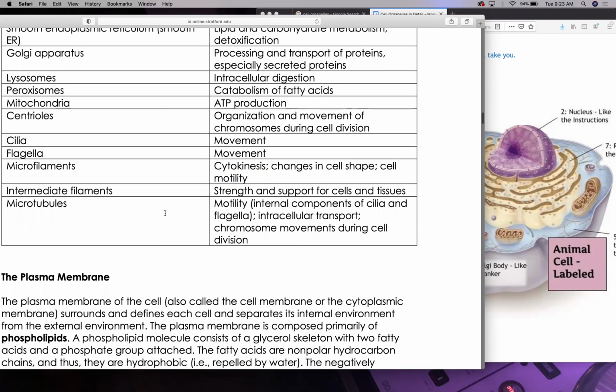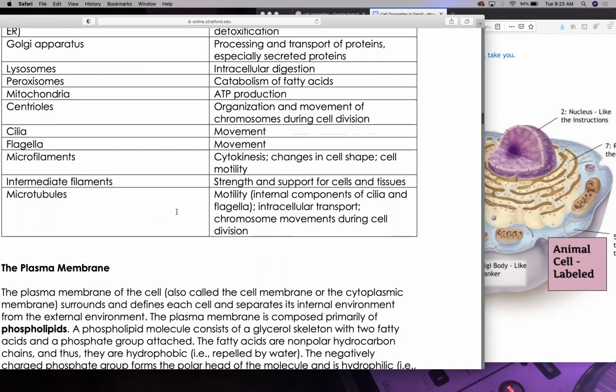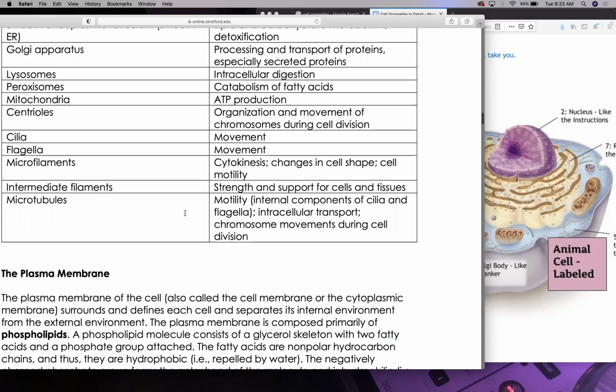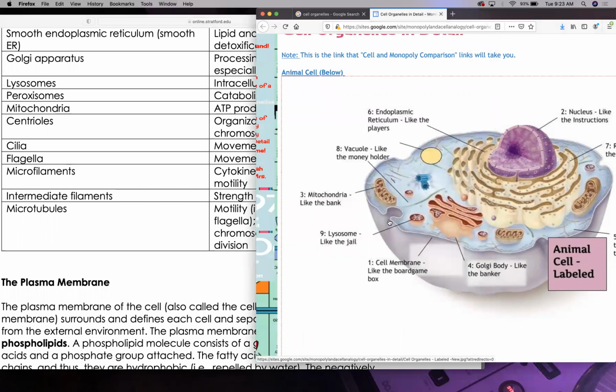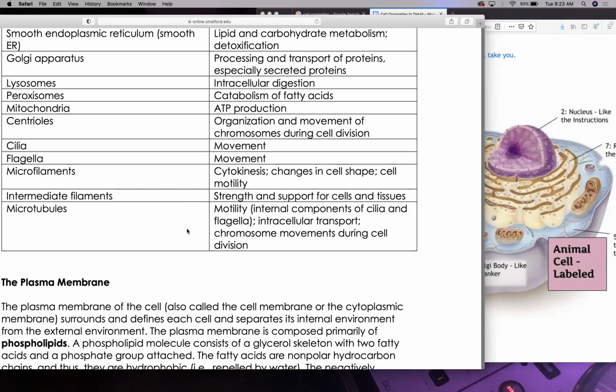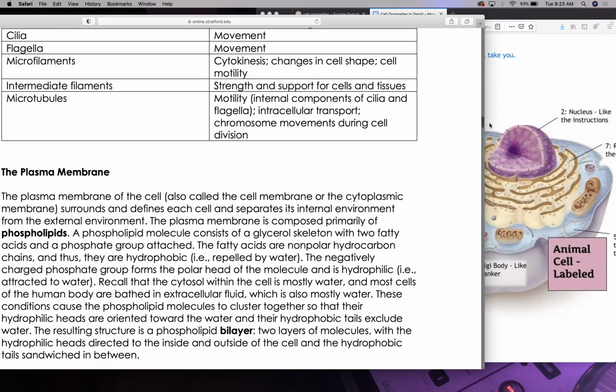Microfilaments, nice to know. Intermediate filaments, nice to know. But microtubules, that is really important, because these microtubules not only form those highways and the scaffolding within the cell, they also form the components that make up the cilia and flagella, which is an extension of your plasma membrane.